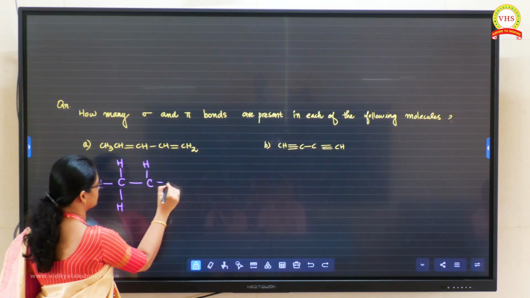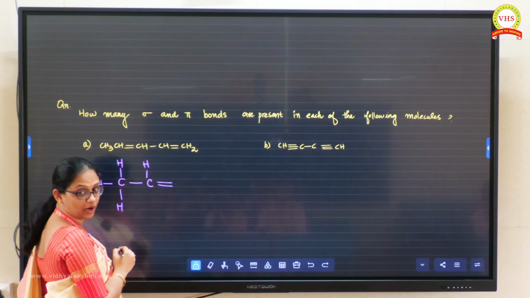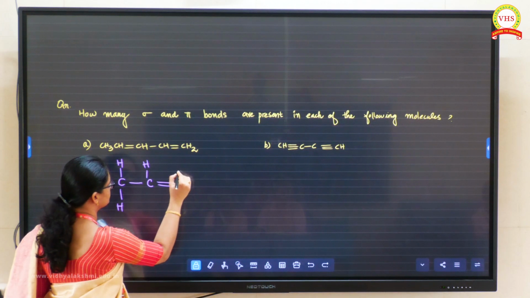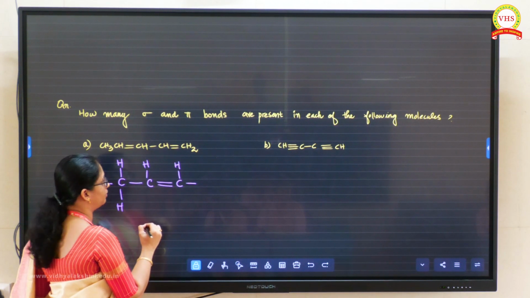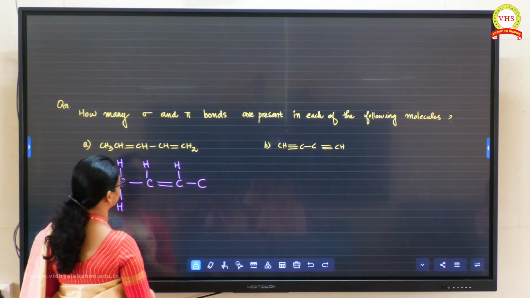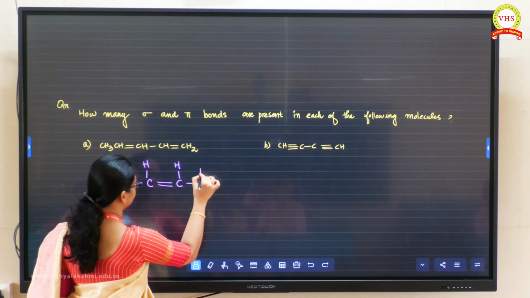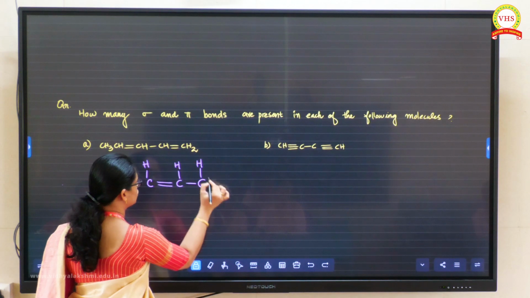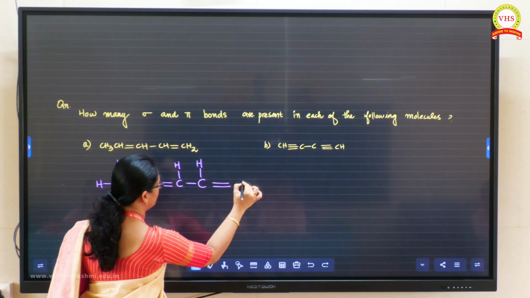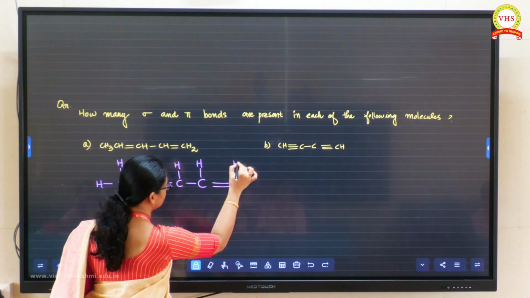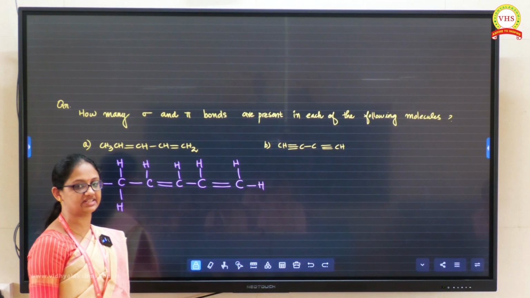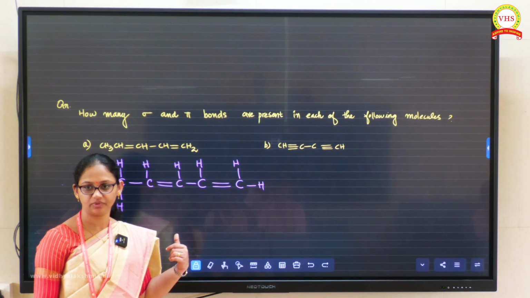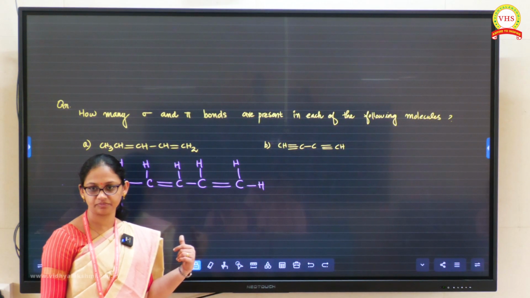Next, which bond is there? Double bond. Next, CH. Which bond? Single bond. Again carbon, hydrogen. Which bond is present? Double bond. Next, this carbon: how many hydrogen atoms are there? Two hydrogen atoms. Is it clear? Okay, any doubt?